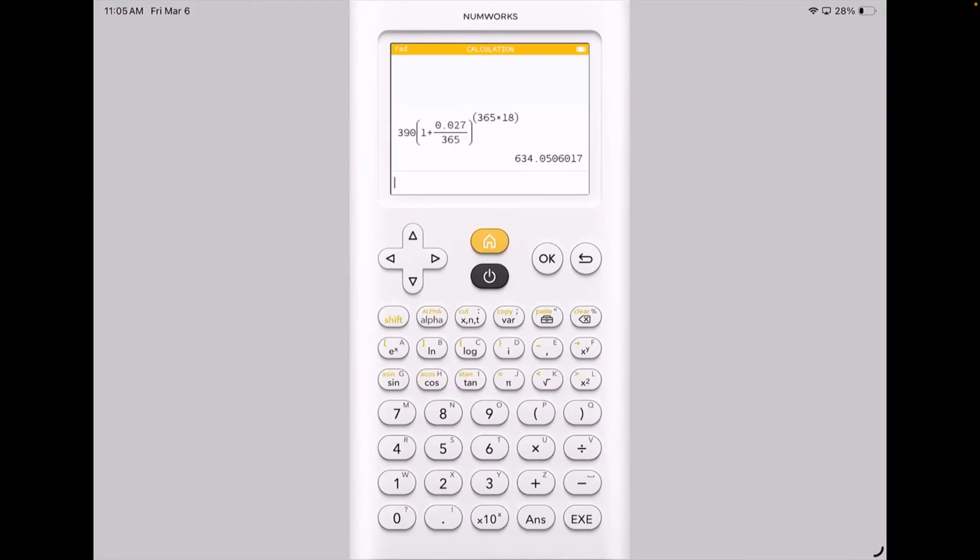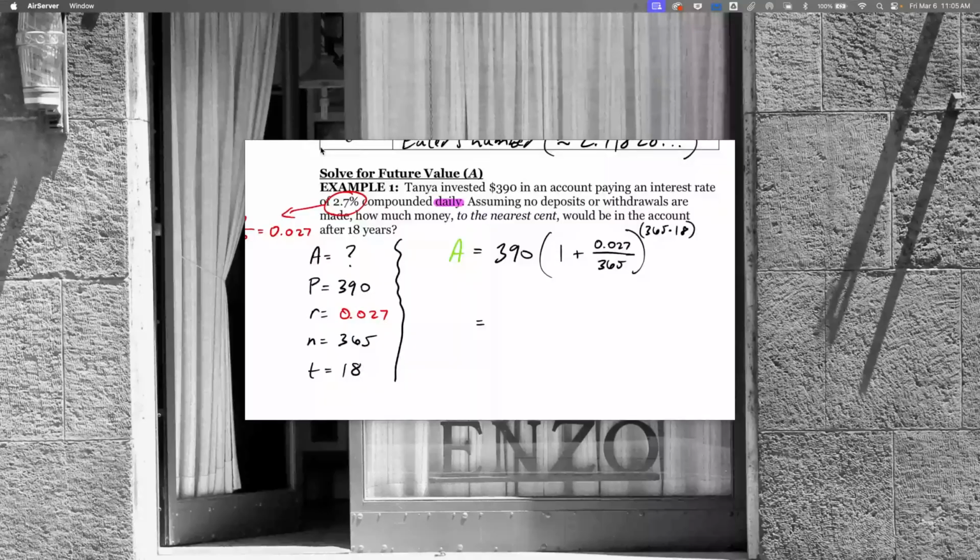Okay, so we're going to go back. I'm going to say A equals, it's right in front of you, but it's not in front of me, so I'm going to cut and paste it. Okay, so now let's go back to the question.